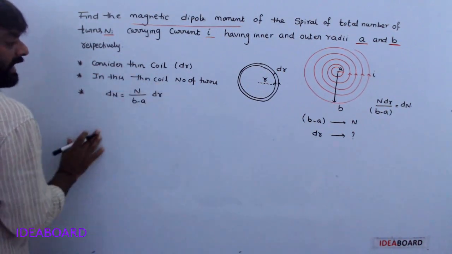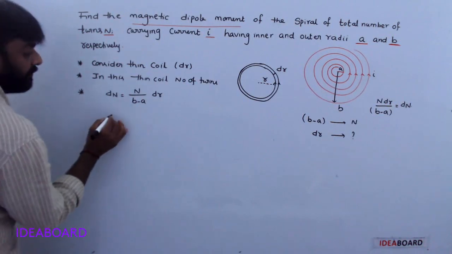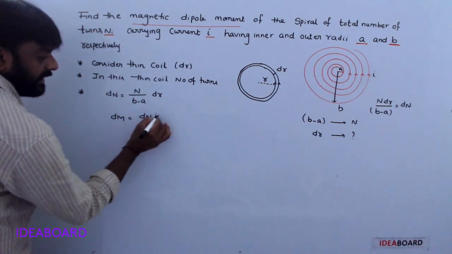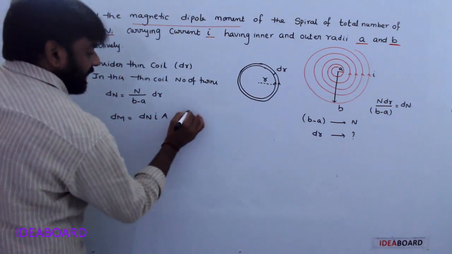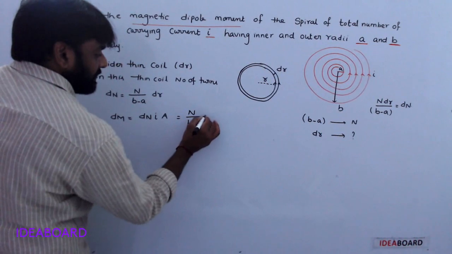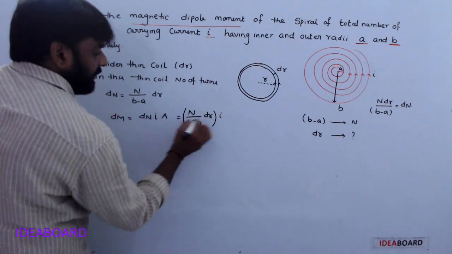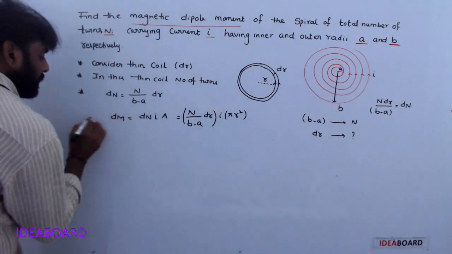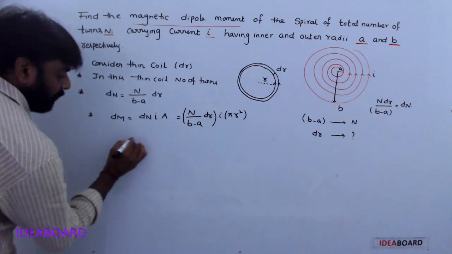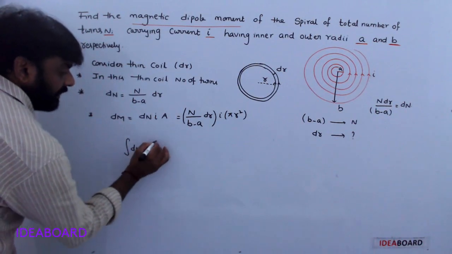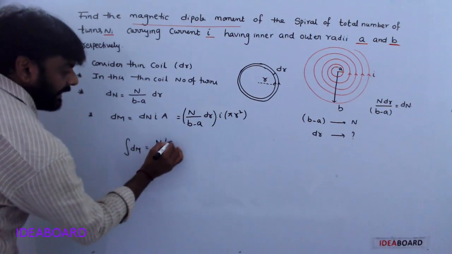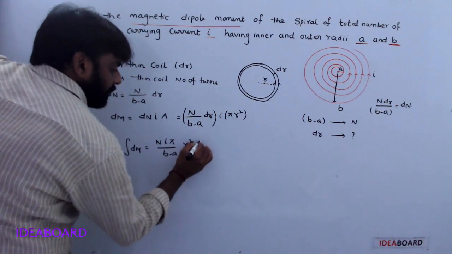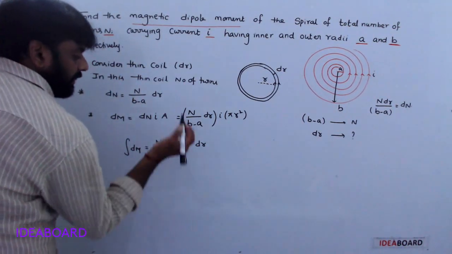Due to this, the magnetic dipole moment dM is equal to number of turns dN, current I, area pi r square. dN means N by B minus A dr. To find the total dipole moment, integrate on both sides: dM is N I pi by B minus A, r square into dr. Understood?